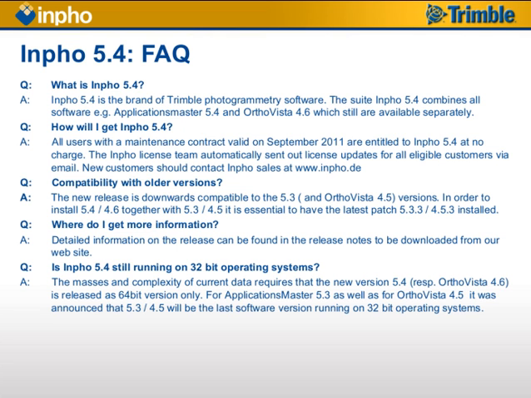So Inpho 5.4 is the brand of Trimble's photogrammetric software, and this Inpho 5.4 is simply combining all the software that we have, so Applications Master 5.4, AutoVista 4.6, and the SCOP family of programs that are, of course, still available separately as modules. But yeah, so Inpho 5.4 is just the brand of the complete photogrammetric suite.